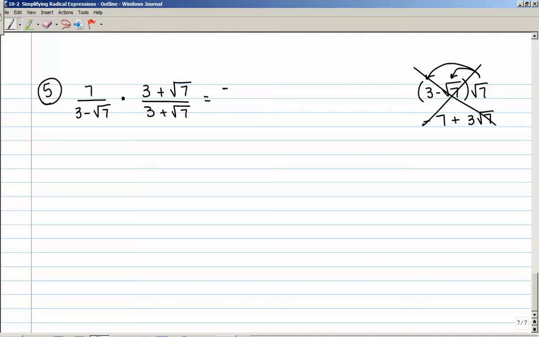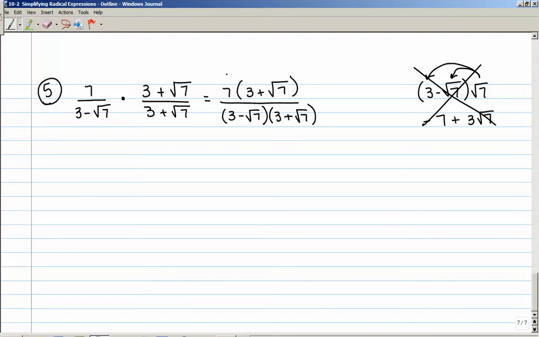On the top, I'm going to distribute. And on the bottom, I'm going to FOIL, because this really looks like a binomial. Okay?